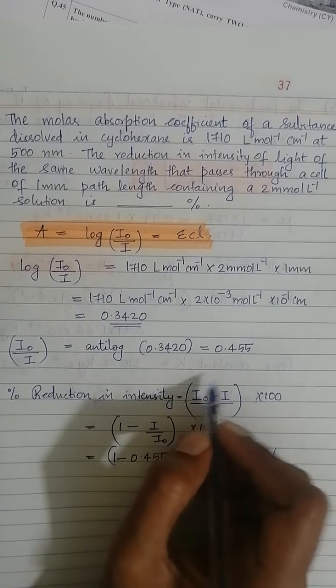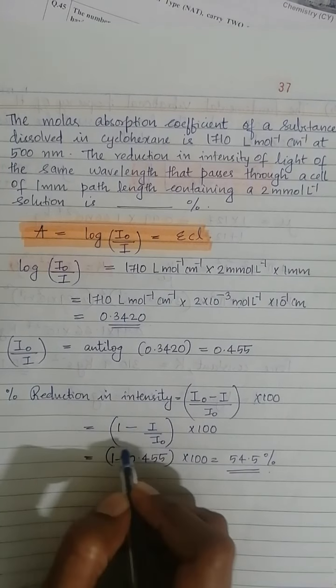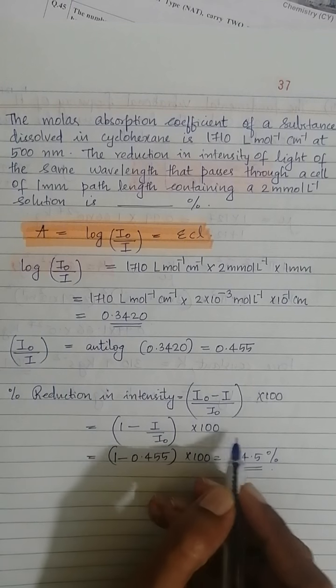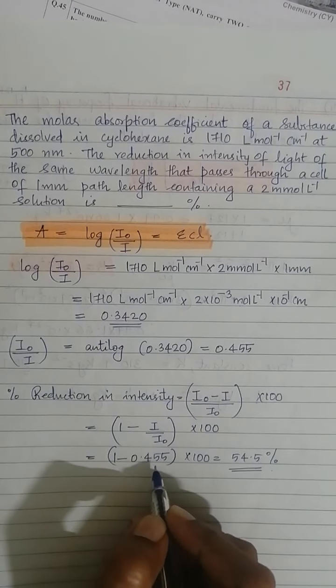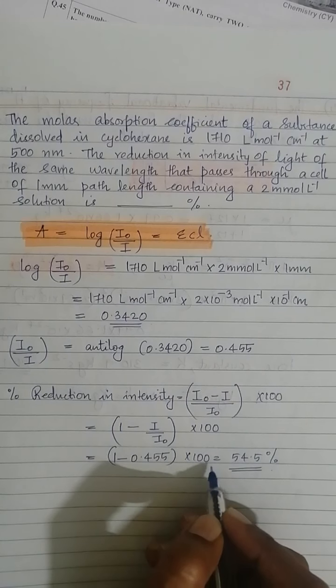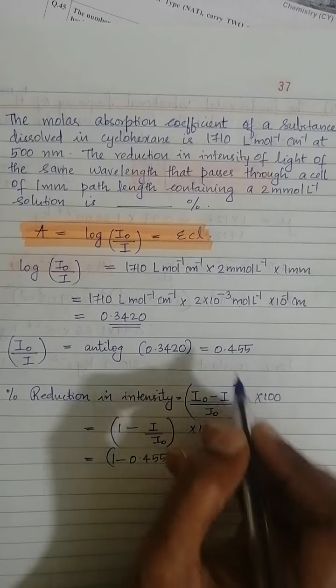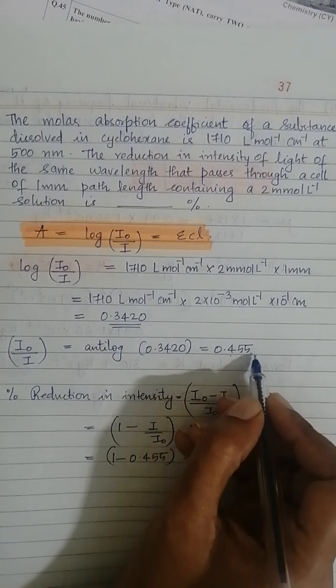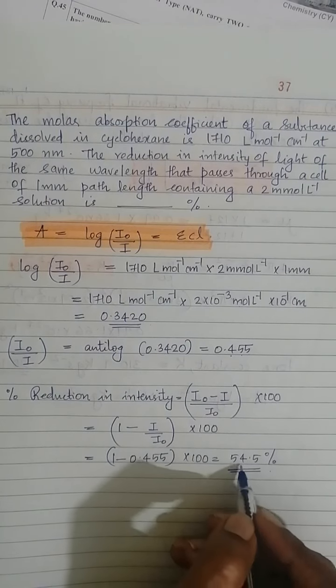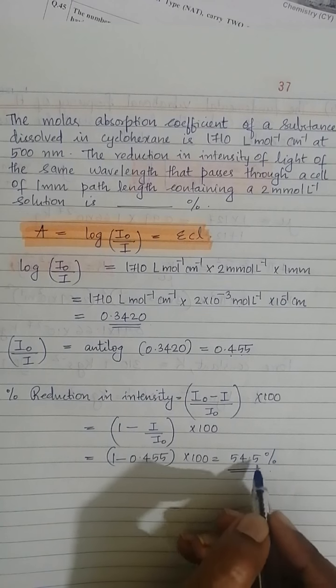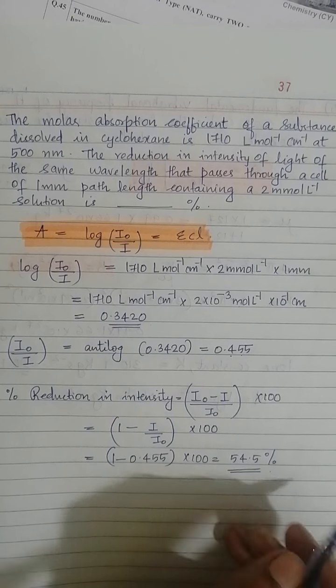On solving this, we'll get 1 minus I by I0 into 100. So that is equal to 1 minus 0.455 into 100, because we calculated I by I0 equal to 0.455 here. So 1 minus 0.455 into 100 will be equal to 54.5%, which is the required answer for this question.